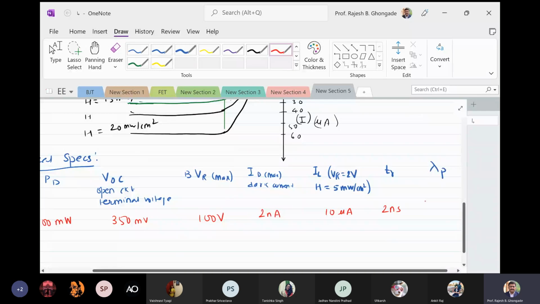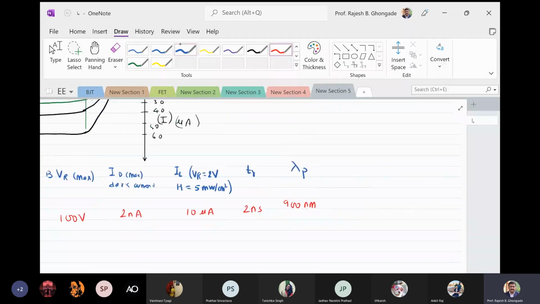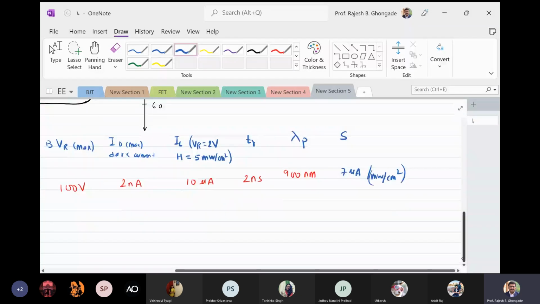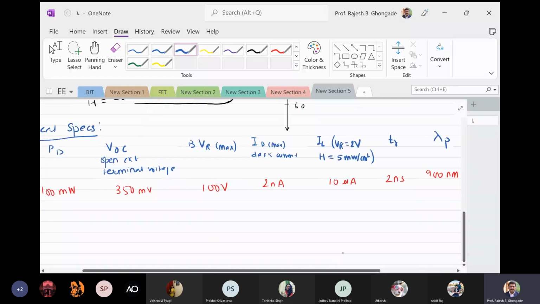Then we have the wavelength in nanometers. There is one more parameter, the sensitivity S, which is 7 microampere per milliwatt centimeter square. So these are the typical specifications of a photodiode. Let us have a quick look at the construction.